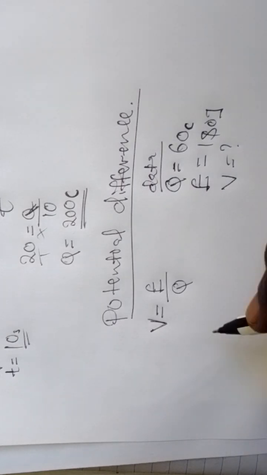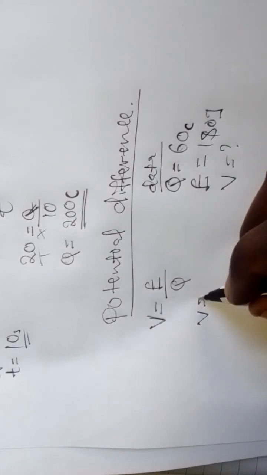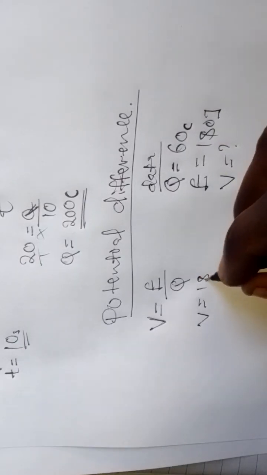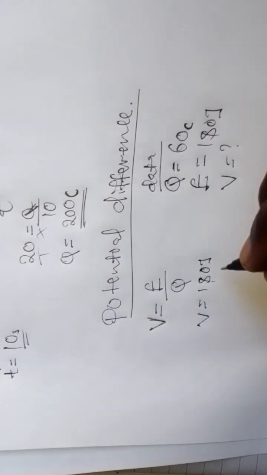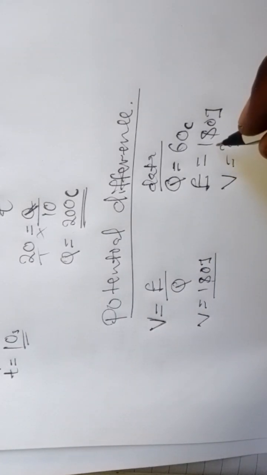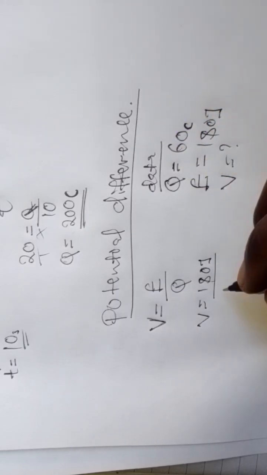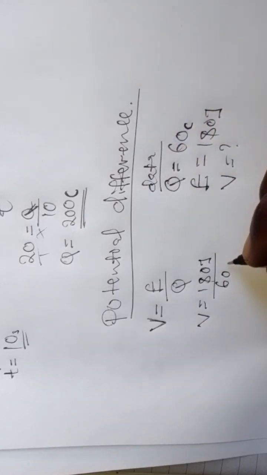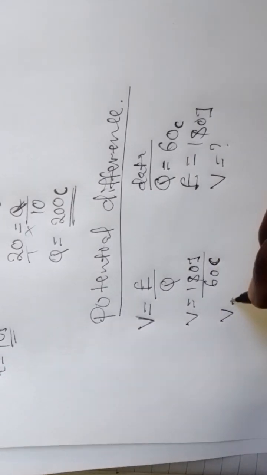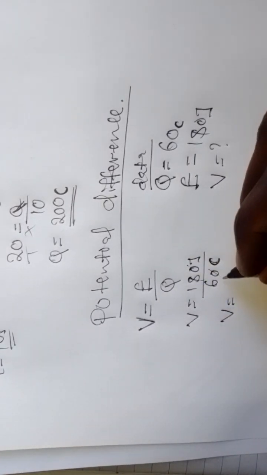We can say V is equal to energy over charge. What's the energy? You have 180 joules over the charge, which is 60 coulomb. Then the zero cancels this zero.